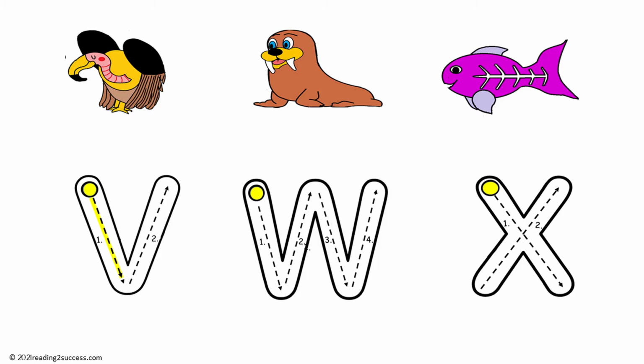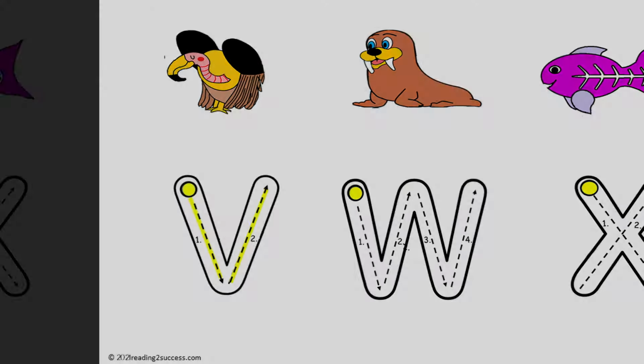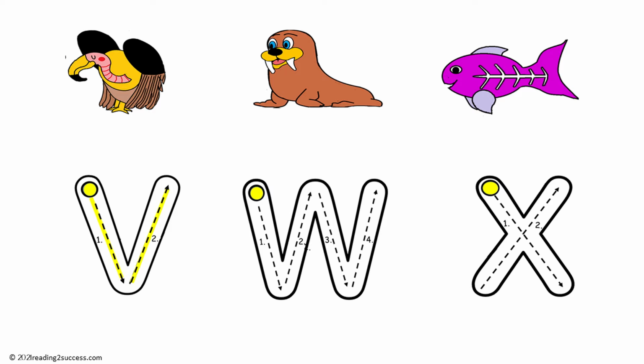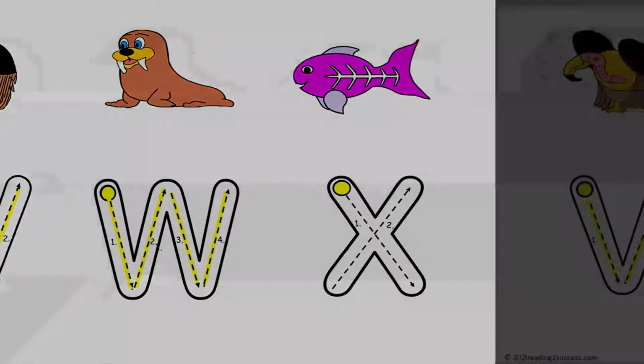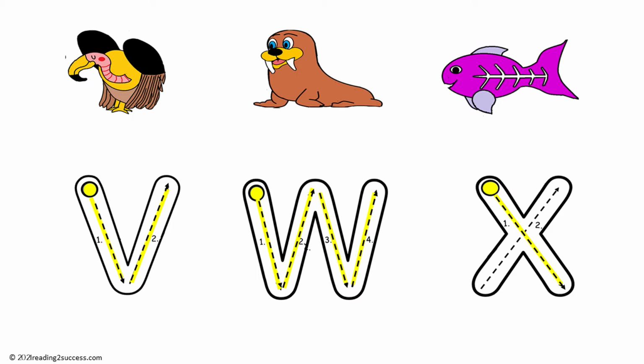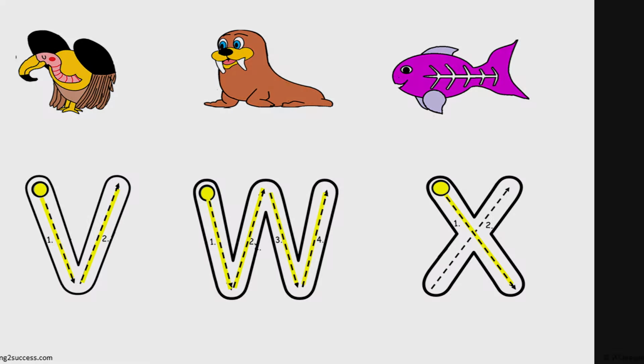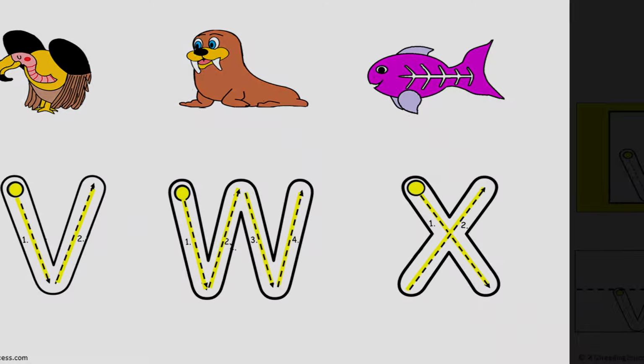The letter V has two parts, part 1 and part 2. W has four parts, part 1, part 2, part 3, and part 4. And X has two parts, part 1 and part 2.